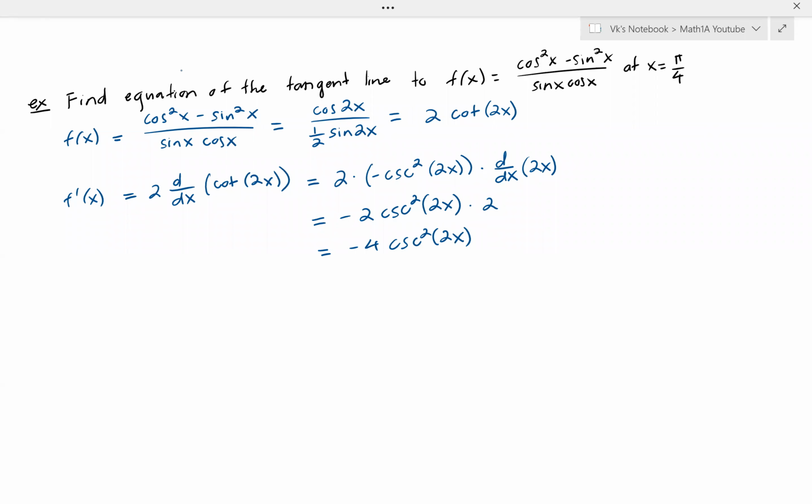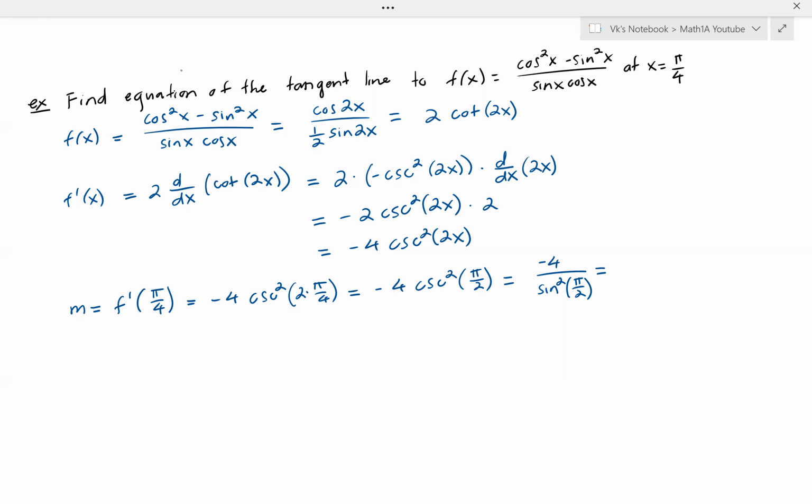The slope of the tangent line is m equal to f prime of pi over 4, equal to negative 4 cosecant squared of 2 times pi over 4, which is negative 4 cosecant squared of pi over 2. Cosecant squared is 1 over sine squared, so negative 4 over sine squared of pi over 2. Sine of pi over 2 is 1, so 1 squared, negative 4.